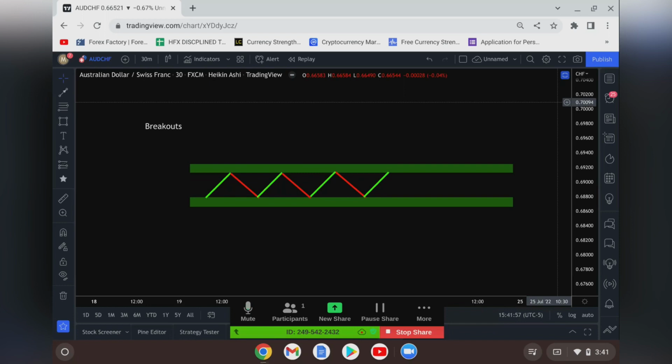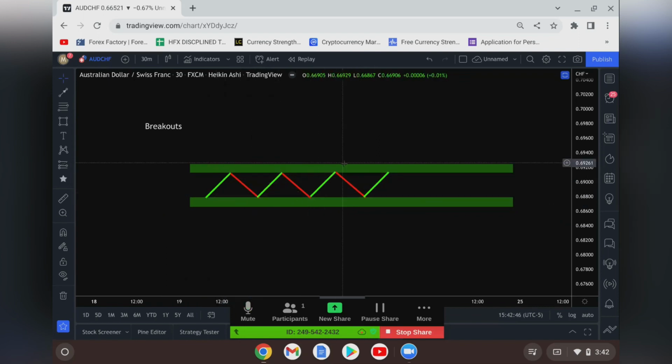The breakout actually happens when you see price literally break out of those two zones that it had a hard time breaking through before. If you take a look at this example, we have our resistance zone and our support zone, with price ranging up and down between them. Price is having a hard time breaking past these zones, so it has no choice but to keep bouncing back and forth.